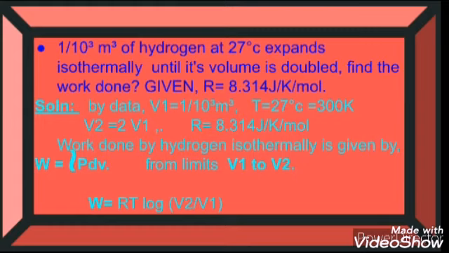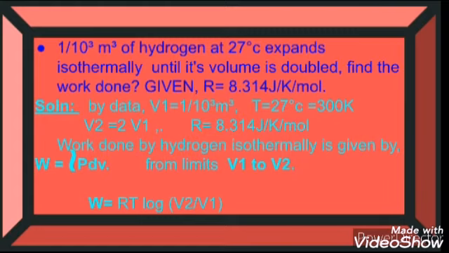By data, we come to know that V1 is equal to 1 by 10 meter cube. T is 27 degrees Celsius or 300 Kelvin. V2 is equal to 2 V1 and R is 8.314 joules per Kelvin per mole. We know that the formula for work done by hydrogen or a gas which expands isothermally is given by W is equal to the integration of P dV from the initial to final limits, that is from V1 to V2.